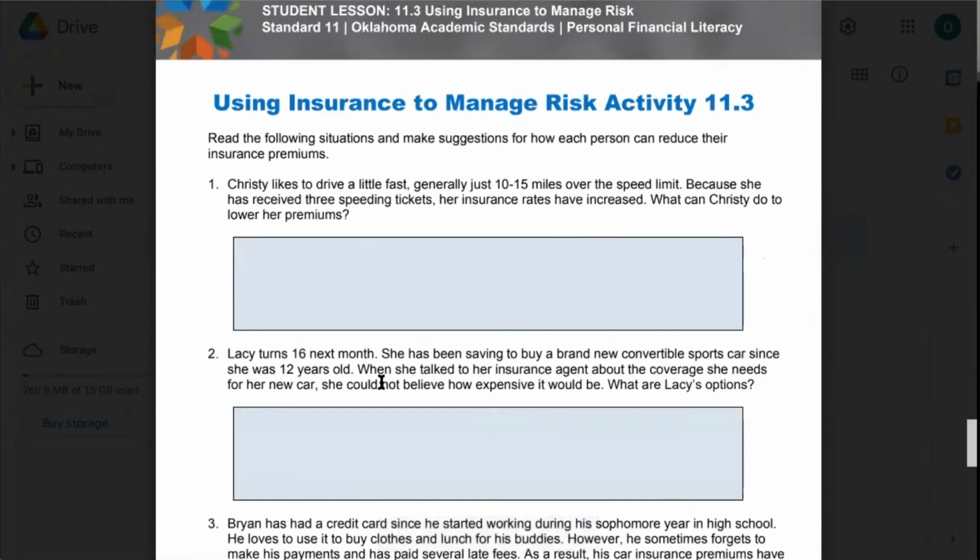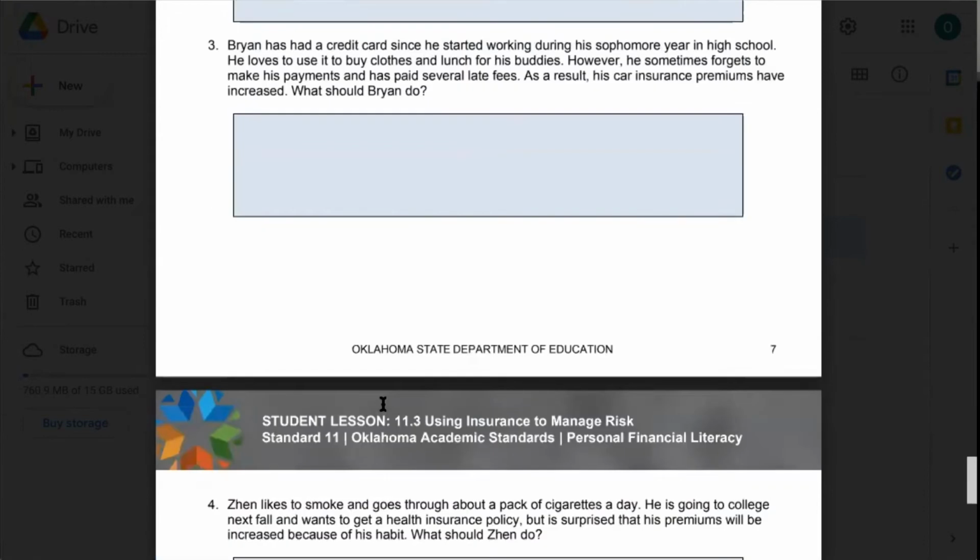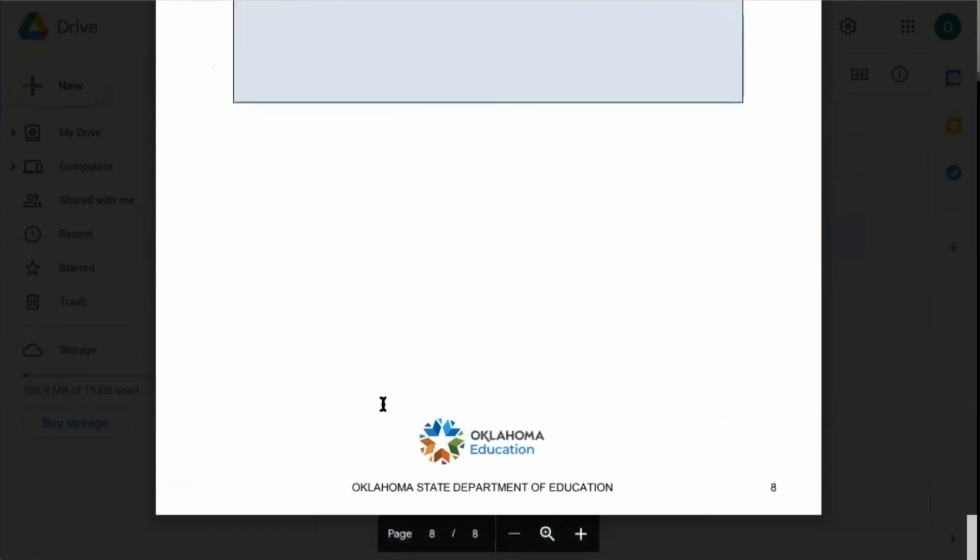They're going to read situations and then respond with how they can reduce their insurance premiums. So that's a great activity to help them really think about those different scenarios. So that goes over the lessons and the resources provided to help cover the full Standard 11.